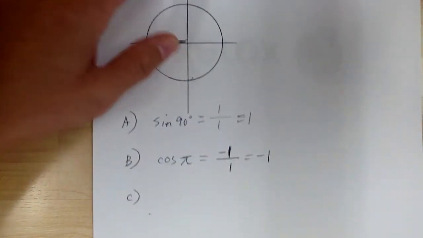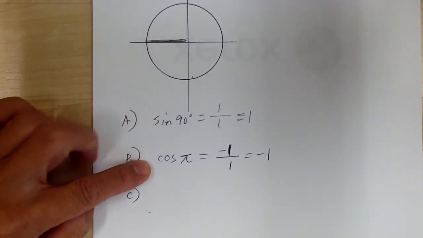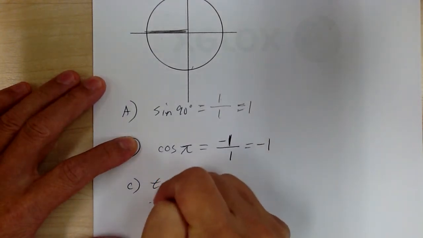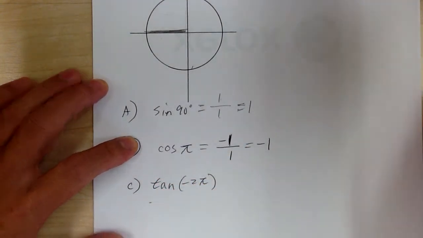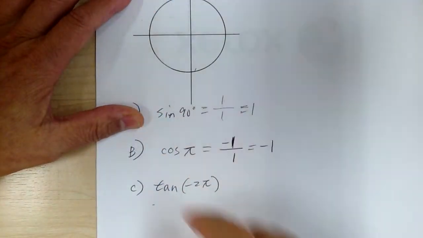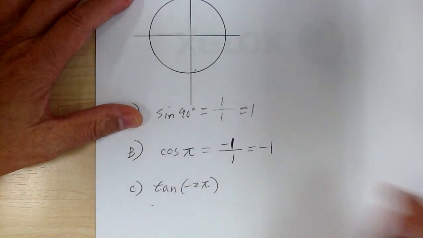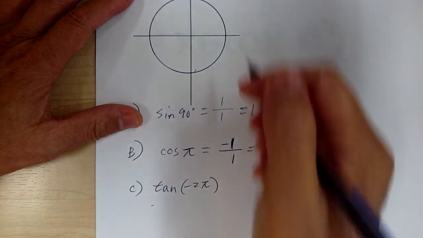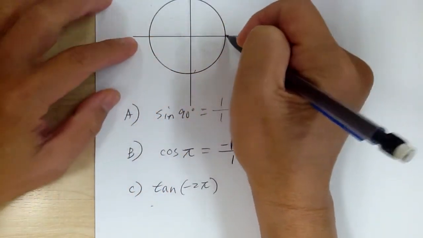You have to be able to figure out the position, and know if it's vertical or horizontal. So C, you're looking for tangent of -2 pi. You can use a pen to draw a circle, and a pencil to go around the circle over and over, like what I'm doing. So start over here. -2 pi means you're going this way, so you end up right over here.